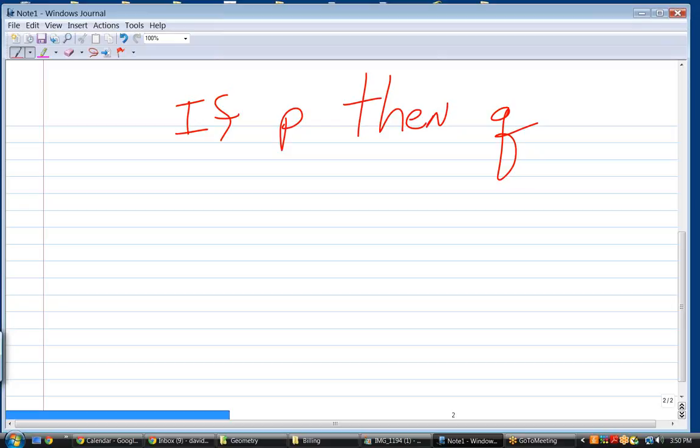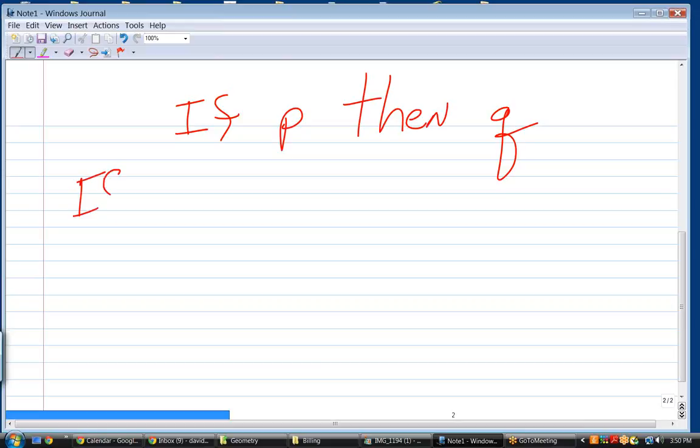It's called reasoning and proofs, but it's really about logic. If I make a conditional statement that says, if P then Q, it's important to understand what that means. It does not mean if Q then P.